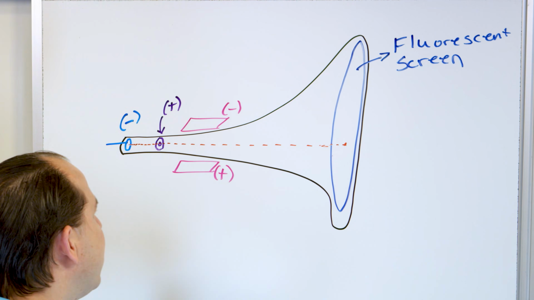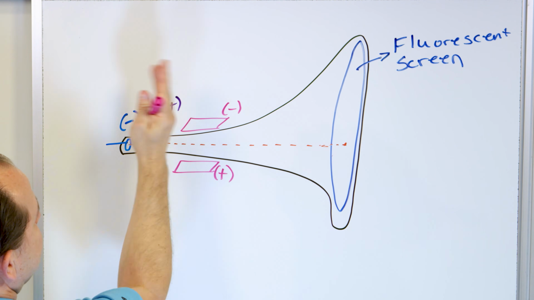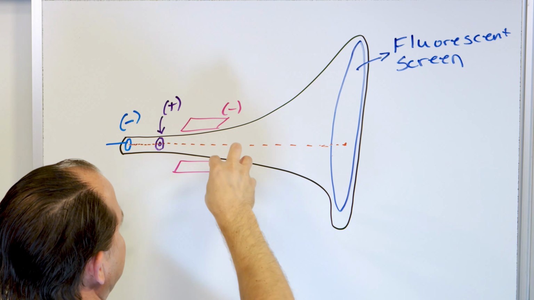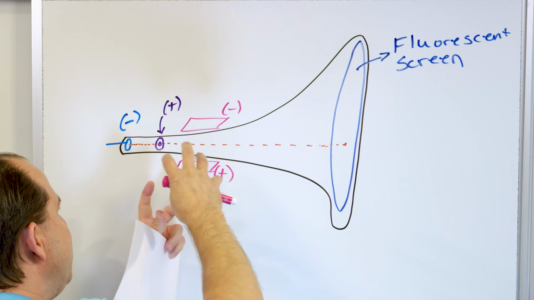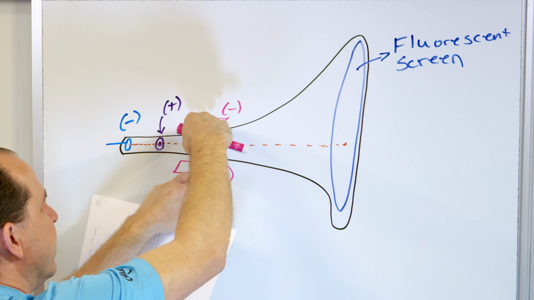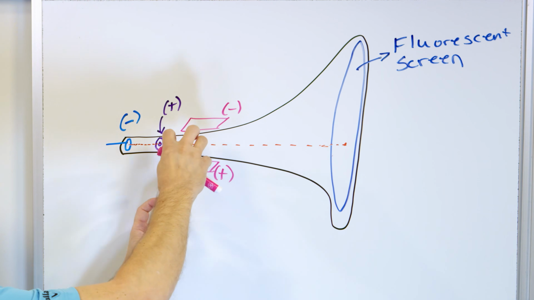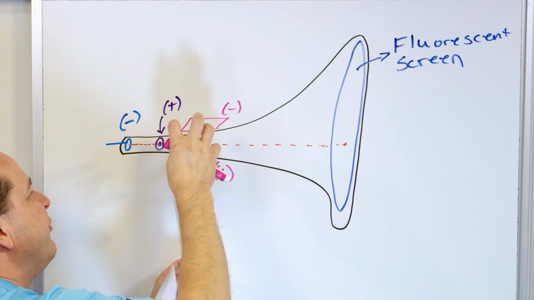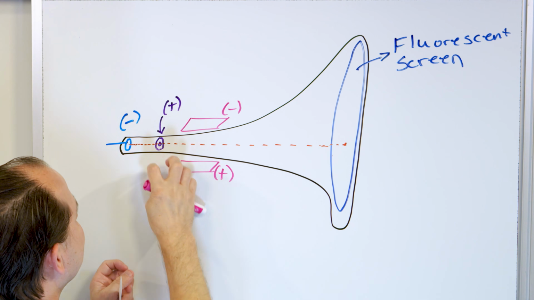But then you go a step further and say, okay, I can bend the beam like this. Now here's the thing, I cannot draw this without totally messing up my drawing. But if you can visualize a plate on the top and a plate on the bottom, that is an electric field that's moving the beam around. If you can visualize another electromagnet, which is here, and then it wraps around to the other side.